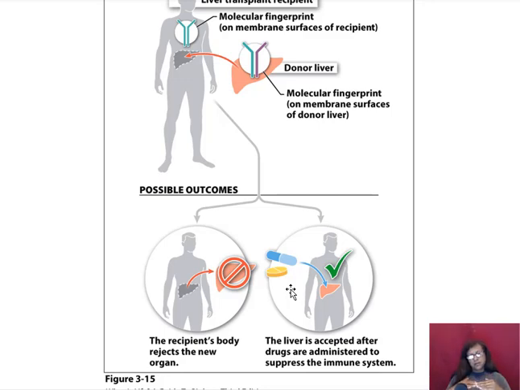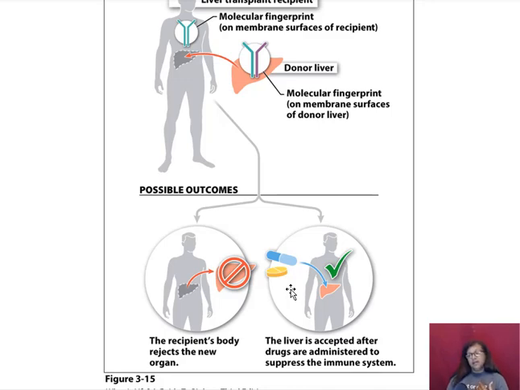If you suppress the immune system too much, then it'll just ignore everything and they're going to die of something else, right? So it's a really fine line trying to titrate and find that amount of immunosuppressive drug that works to keep the person from attacking the organ, but still allow them to have enough of a functional immune system that they are not going to die of something else, another pathogen, right?